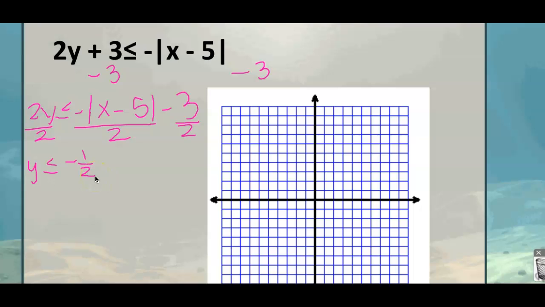That dividing by 2 still creates my slope. Good.